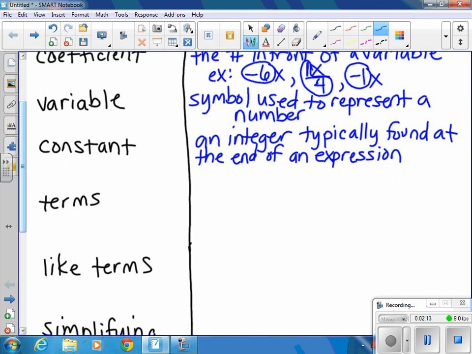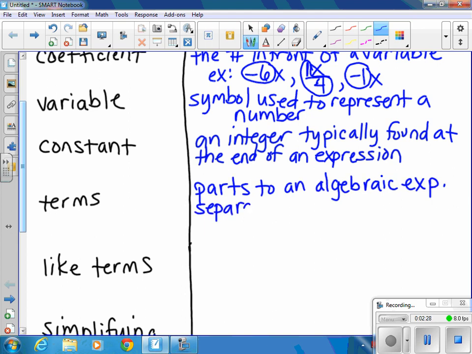The word terms are your parts to an algebraic expression. And these terms are separated by a plus or minus sign. So that's how you know when you're getting to a new term. And we'll look at how to separate an expression and pick those out.